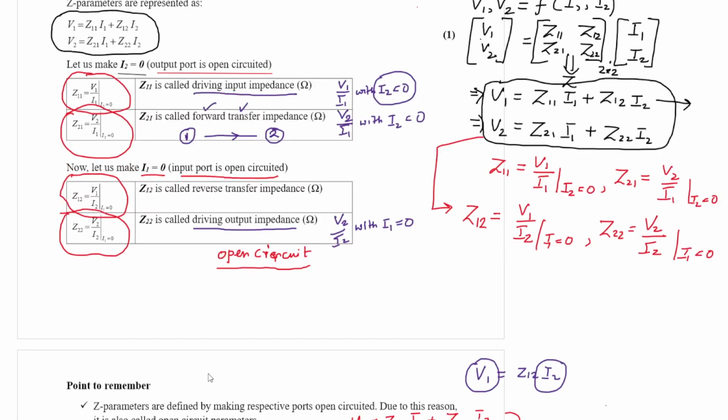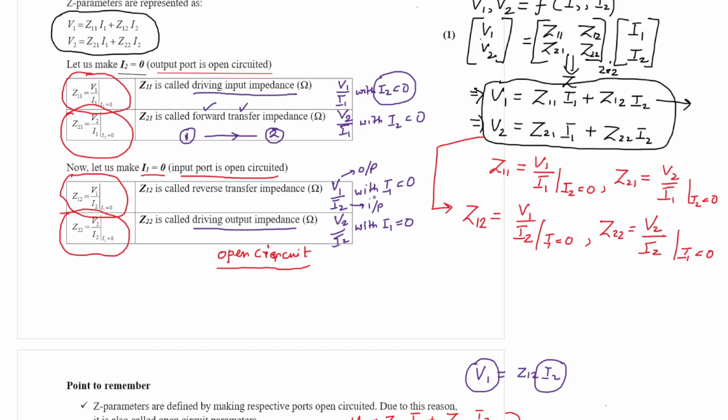On the other hand, if you consider Z12, it is V1 by I2 with I1 equal to 0. Now in the numerator we have V1 as output and I2 as input.